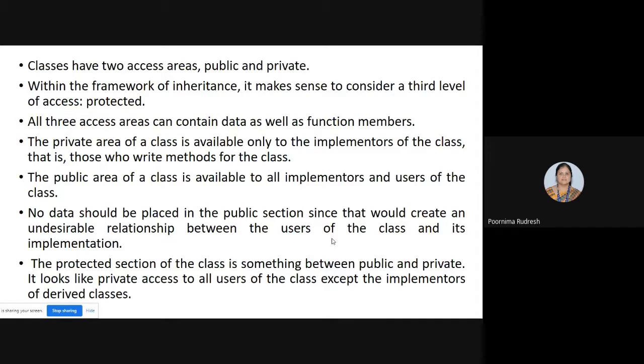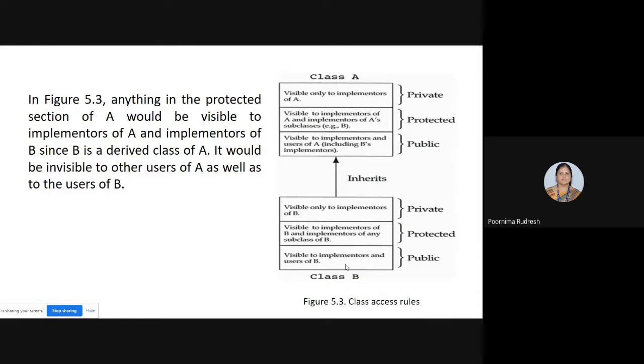See here, except the implementers, means it looks like private access to all the users of the class except the implementers of the derived class, but that is not the case right here. See, that is the different meaning.